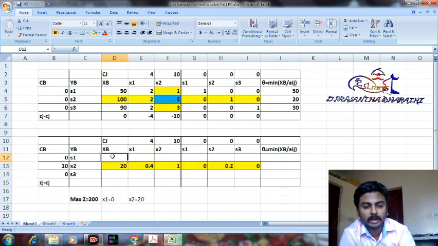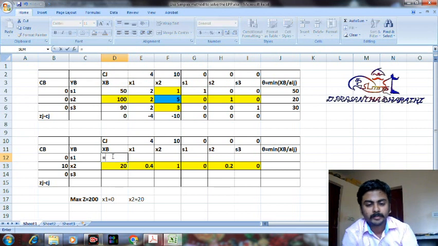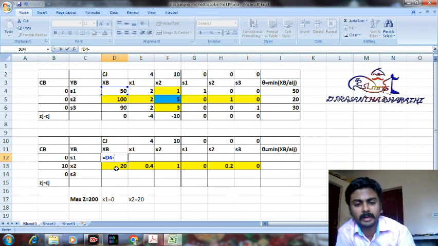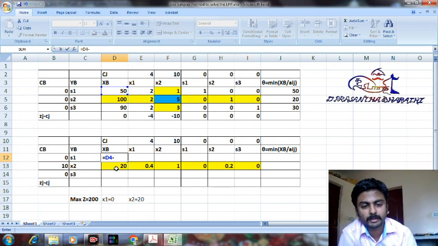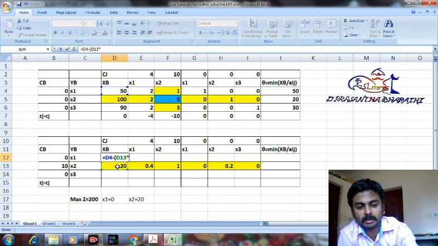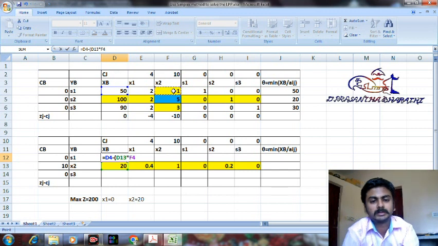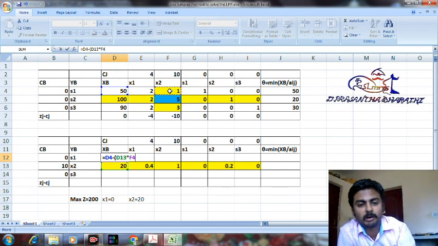So we use equal to the element here, that is D4, minus the element in this column multiplied with the corresponding element of the previous table.